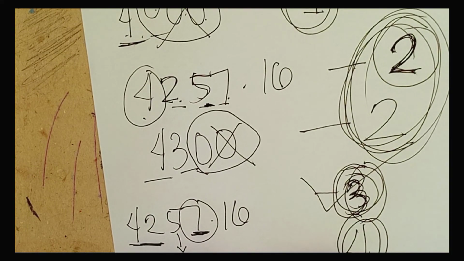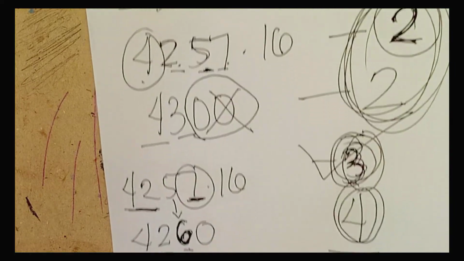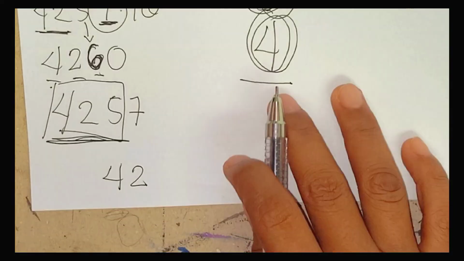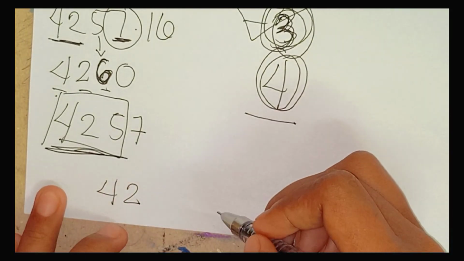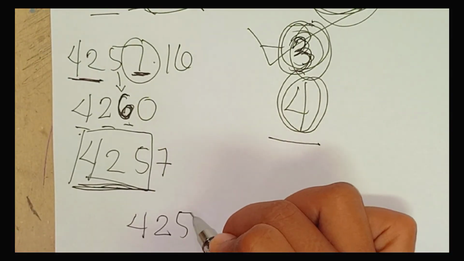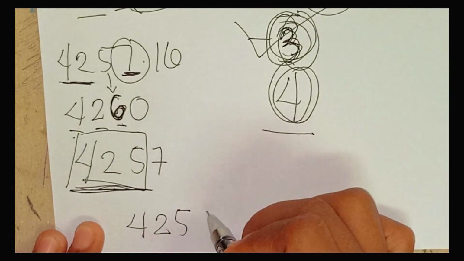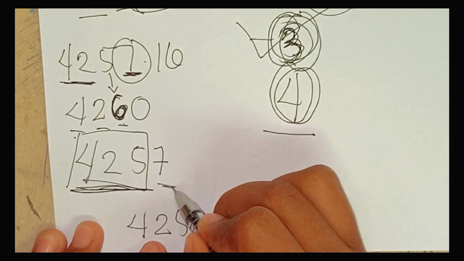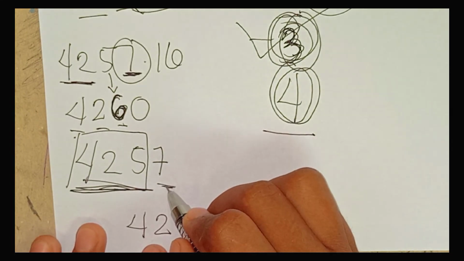So let's copy 4, 2, 5. The last digit is 7, so should we keep it as 7 or round it off to 8?